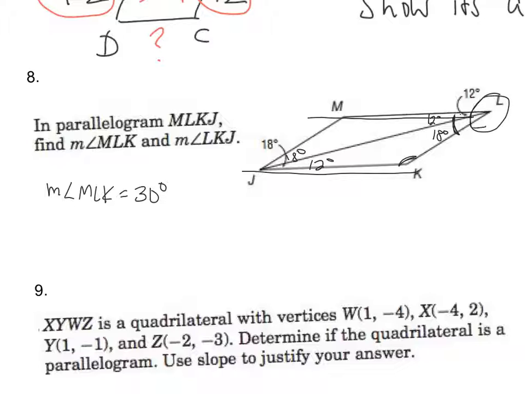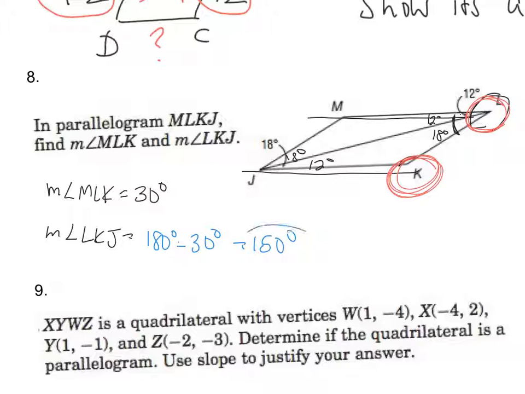Now for angle LKJ, L and K are next to each other, so they're consecutive, so they have to add to 180. So I just do 180 minus 30 to get the other one, which is 150.